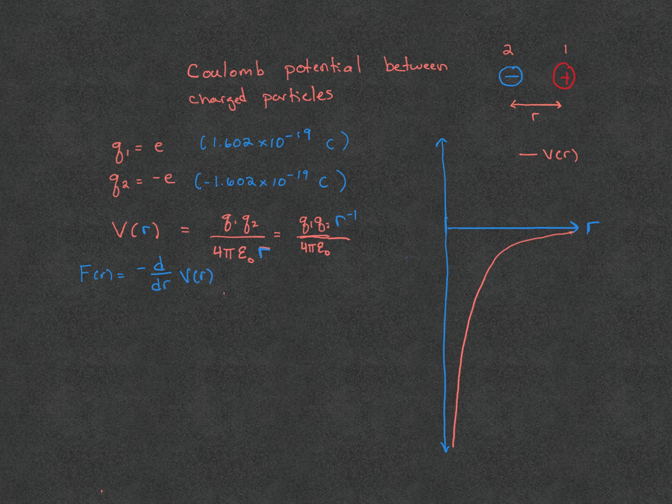So that is equal to -1 times q1 q2 over 4 pi epsilon naught times r to the minus 2. That's the derivative.